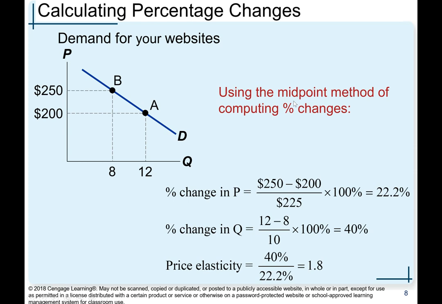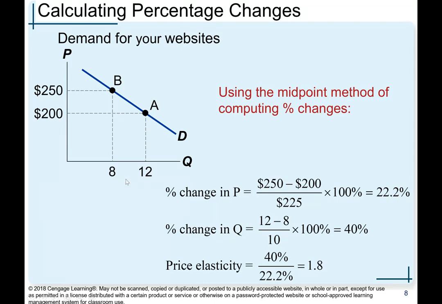Using the midpoint method of computing price elasticity, as we see from the graph, the percentage change in price is 250 minus 200 divided by 225. 225 is the average of the two points. And you multiply that by 100, which gives you 22.2%.